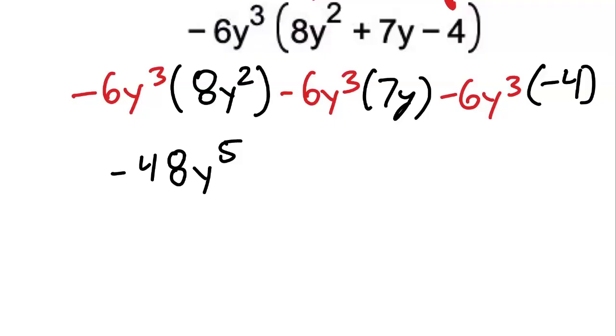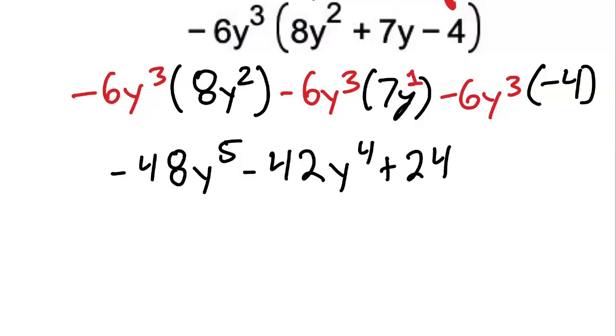So y cubed times y squared is y to the fifth. Negative 6 times 7 is negative 42. Y cubed times y, there's an imaginary 1, gives you y to the fourth. And the very last one, negative 6 times negative 4 gives us positive 24. And y cubed has nothing to multiply, so we just keep it along with it.